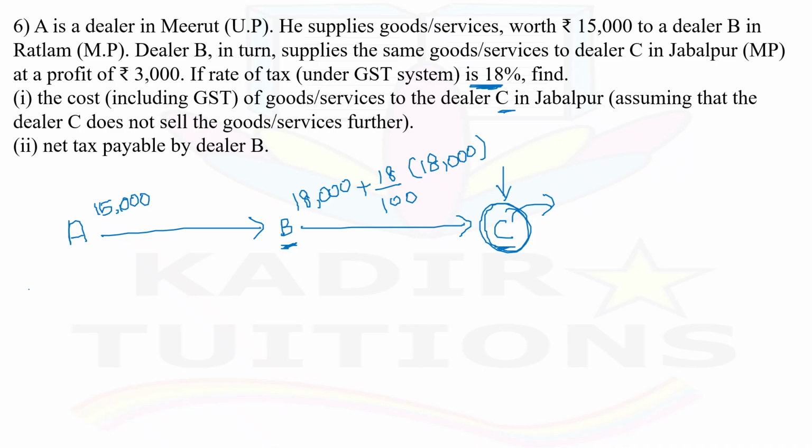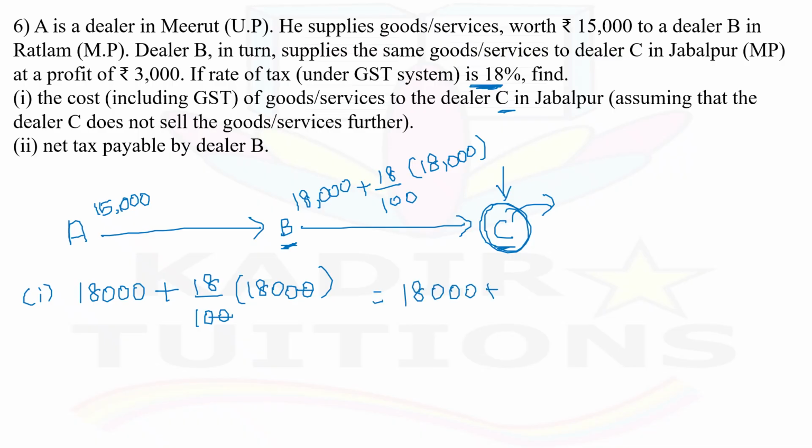So the first subdivision is to find the cost of goods or services at dealer C. Actually, the dealer C bought the goods or services for 18,000 and he is going to pay the GST amount of 18%. So 18 by 100 into 18,000. So the 00s will get cancelled. So here we will be getting 18 into 18, what is that?